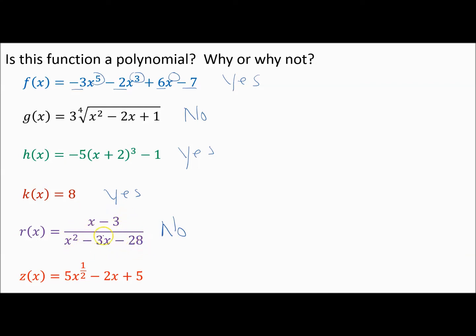It's a polynomial in the denominator, but when you take a polynomial, divide by a polynomial, you do not have a polynomial anymore. So this is no, not allowed. And the last one is also not a polynomial because of the x to the 1/2 power exponent. And remember, we're not allowed to have fractions as exponents in a polynomial.